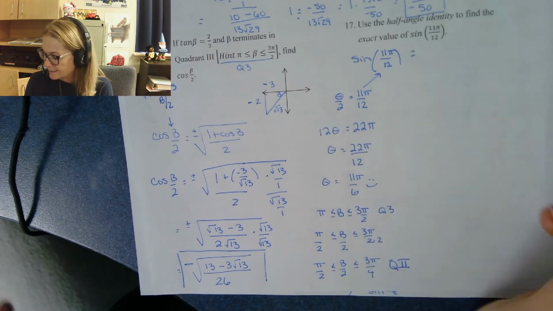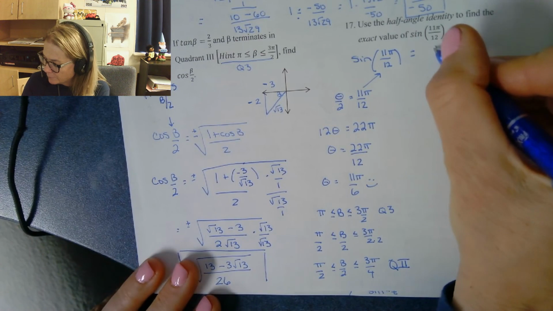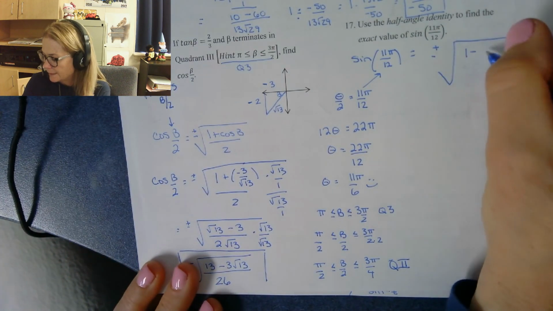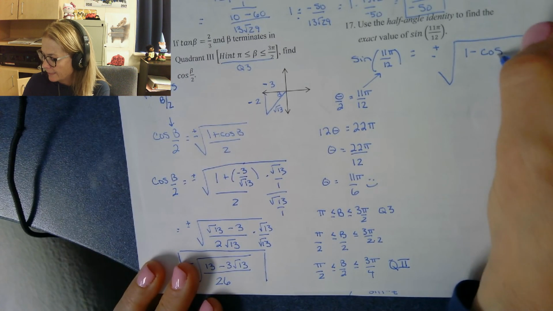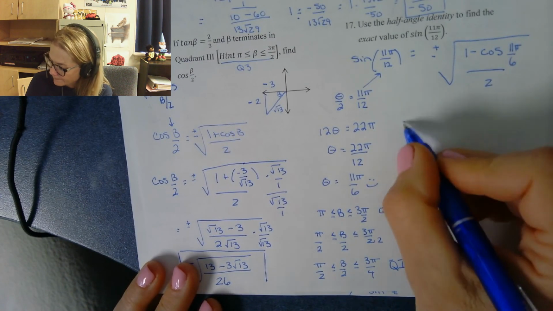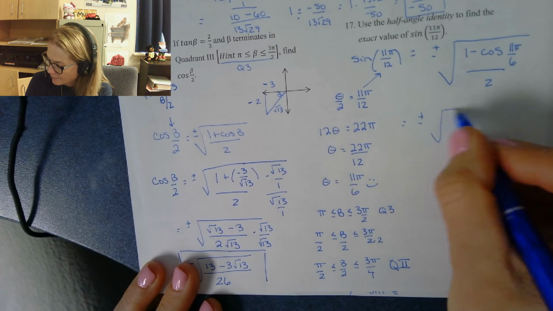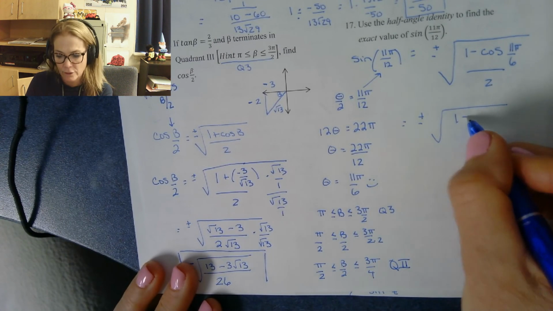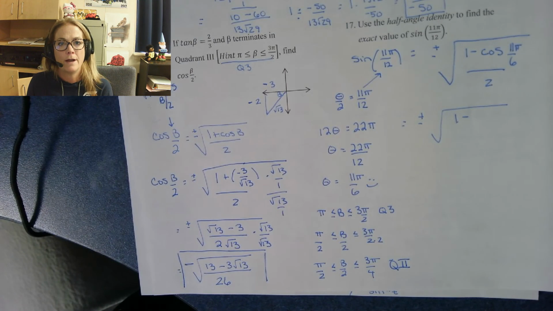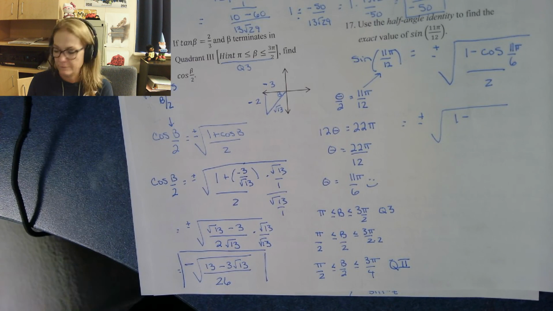This on the outside is theta over 2. All right, so we got plus or minus the square root of 1 minus, always cosine in here. And I'm using theta, so I'm using 11 pi over 6, over 2. Okay, so 11 pi over 6 is a 30-degree angle in quad 4. Cosine is positive.